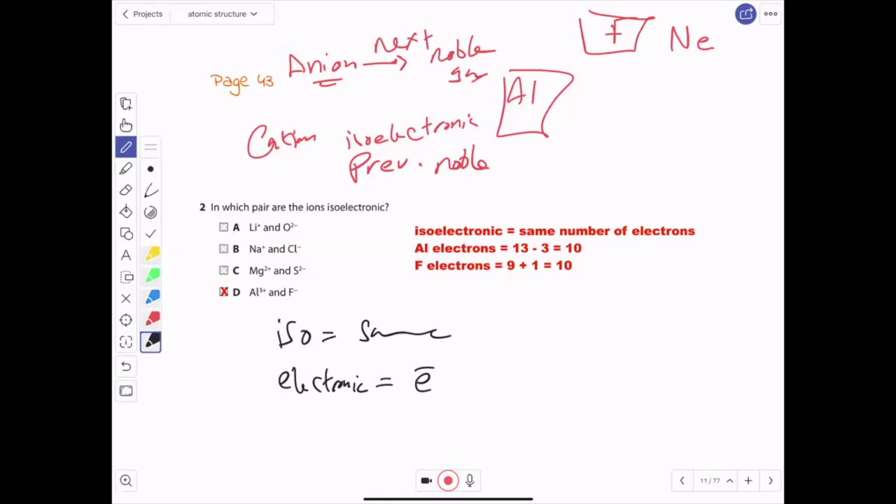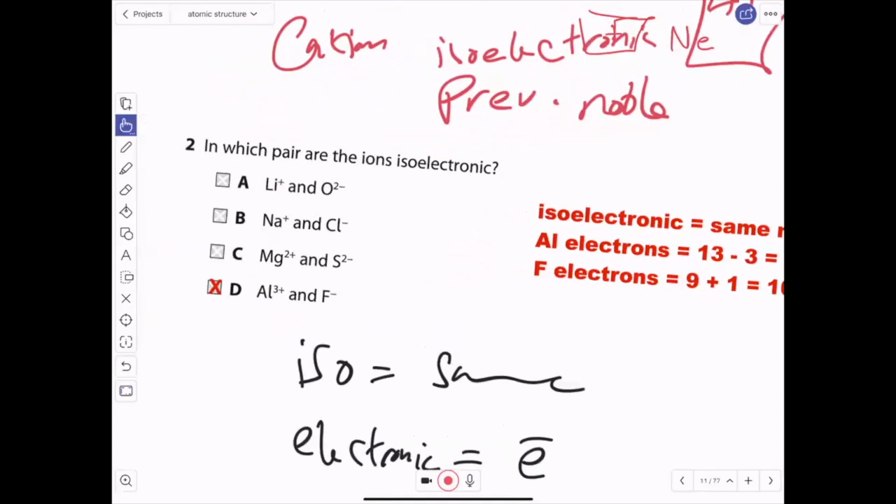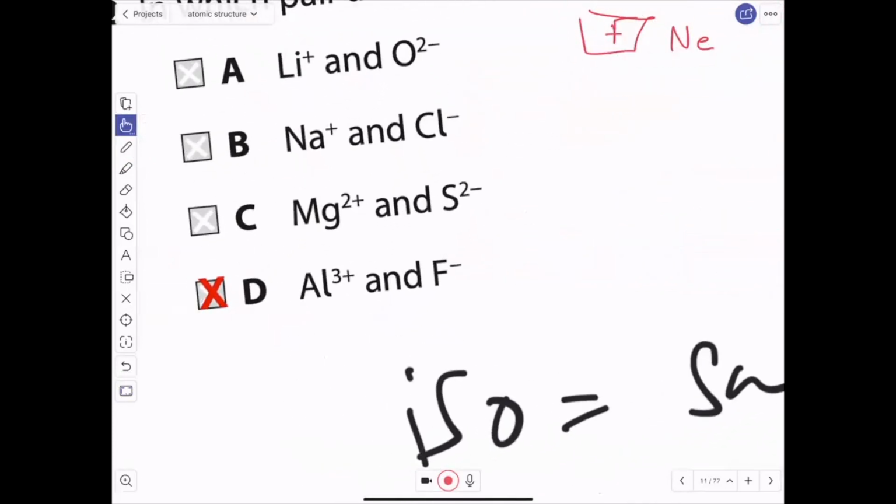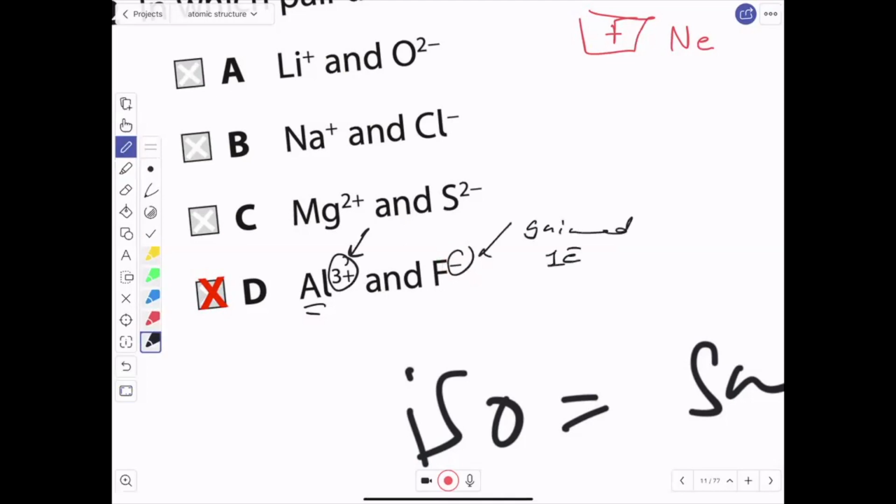So aluminium, if you take a look at aluminium here, right? Aluminium is losing 3 electrons. If you see 3 plus, this means it lost 3 electrons. If you see F minus, this means it gained 1 electron. Good. Okay.